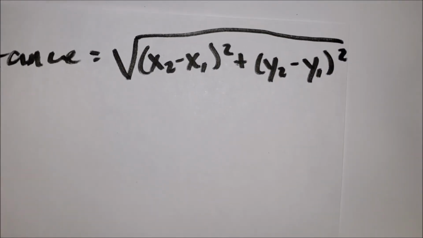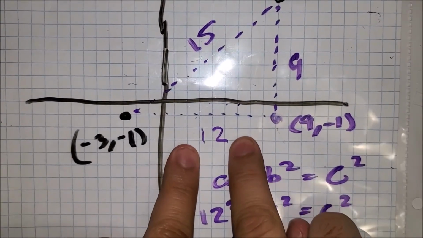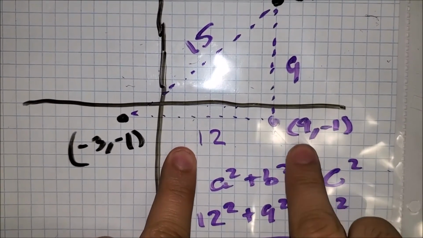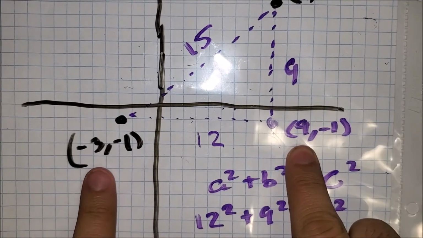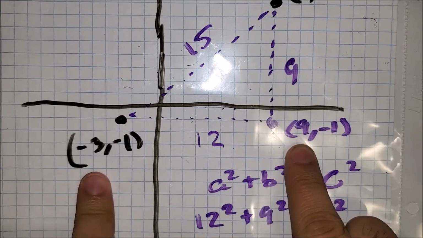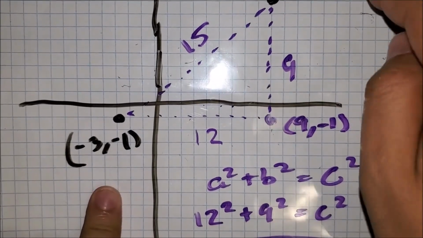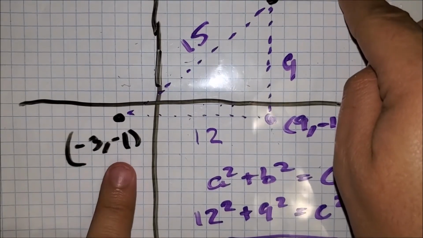And if you look at this example that we did here, this distance is x2 minus x1, the 9 minus the negative 3, and this distance was y2 minus y1, which is 8 minus negative 1.